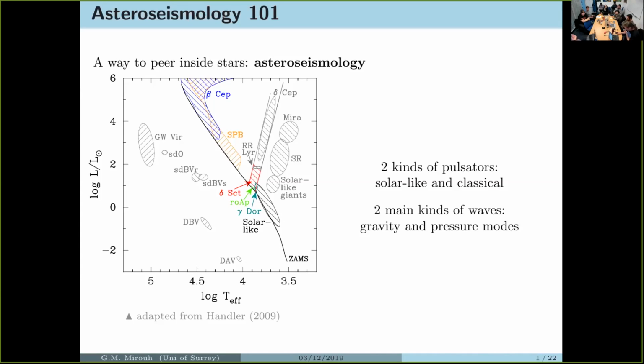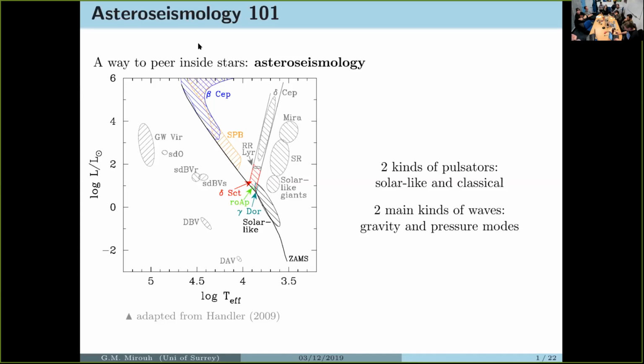The other kind of pulsators we call classical pulsators. Those are the upper main sequence in a very broad meaning, going from gamma Dor stars, the prototype of that class being Gamma Doradus, and these stars are around 1.3 to 1.6 solar masses, up to tens of solar masses along the main sequence.